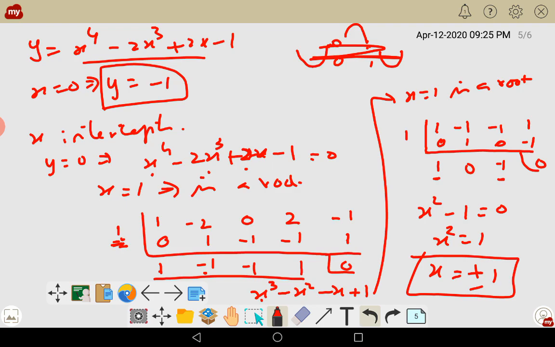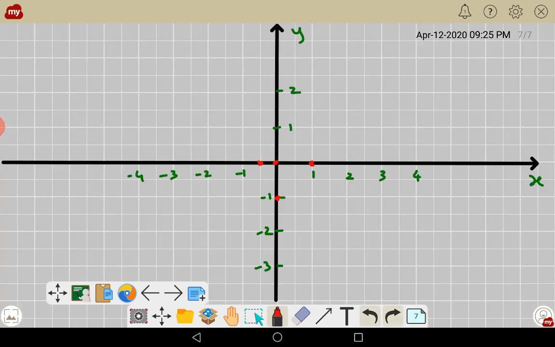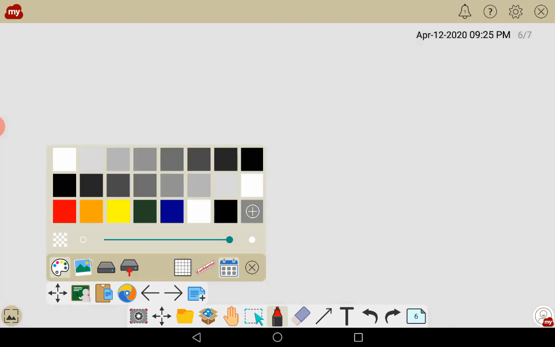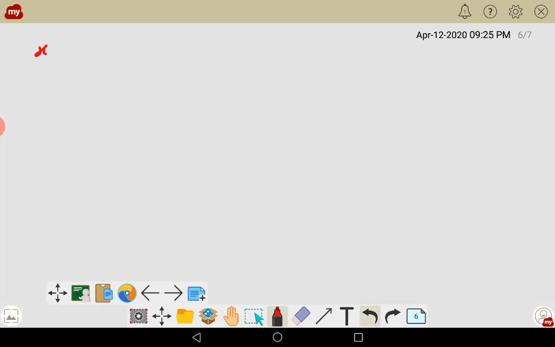So when x equal to 1 has multiplicity 3, greater than 1, an odd root, I mean, you find here that x minus 1 whole cube and x plus 1 are the factors.